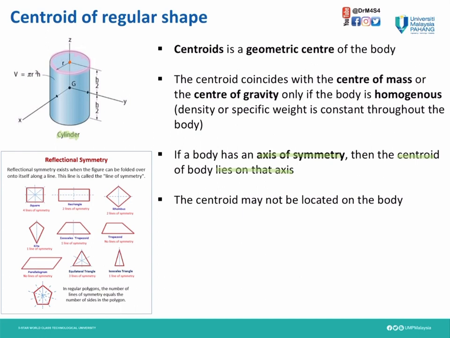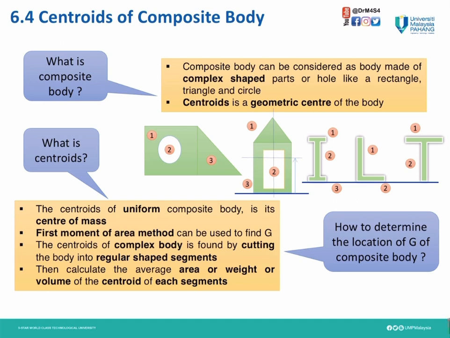To find where the centroid will be, we know the height of our cylinder is H. Because it's symmetrical, the centroid is at H divided by 2. So here is the centroid for this cylinder. Also, bear in mind, the centroid may not be located on the body.